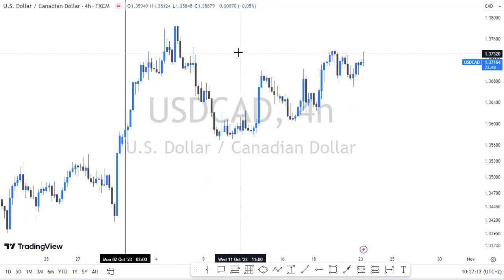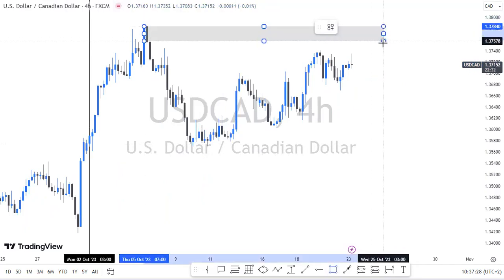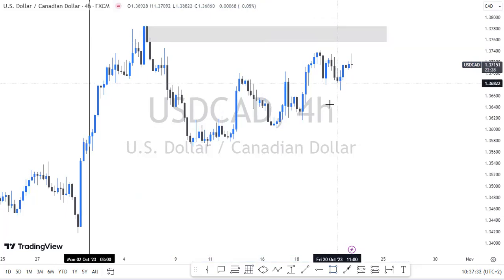So I can anticipate buys as well, not necessarily sells, because we are already sort of below this particular zone, and it is the last week of the month, so anything might happen at this point.